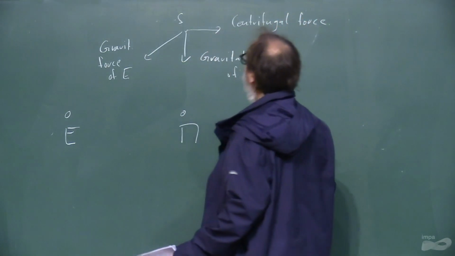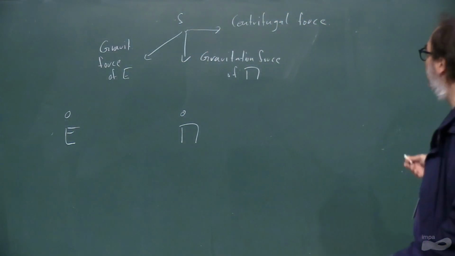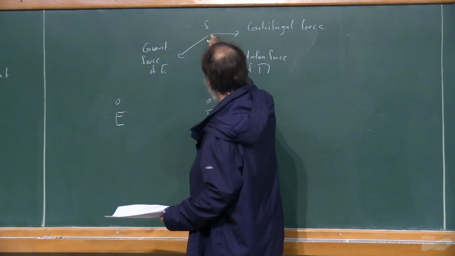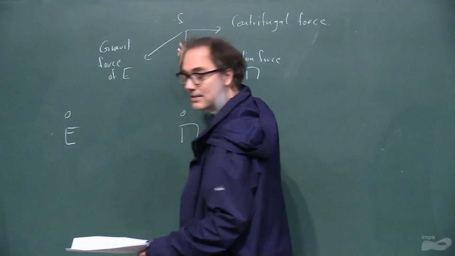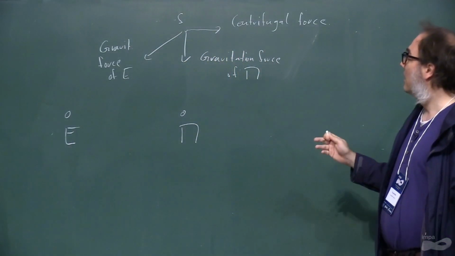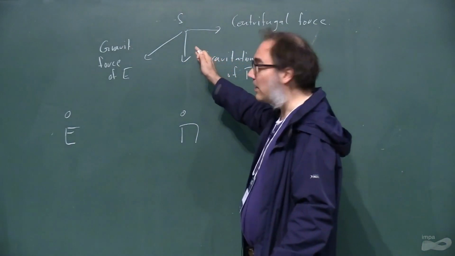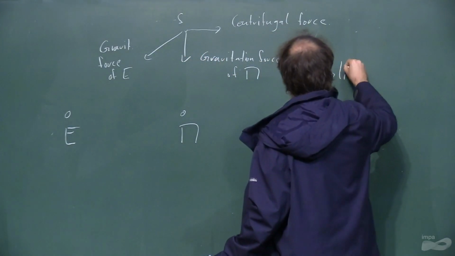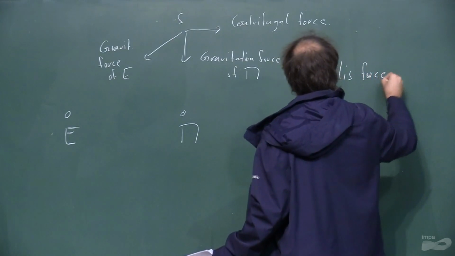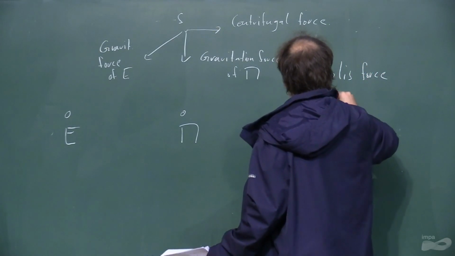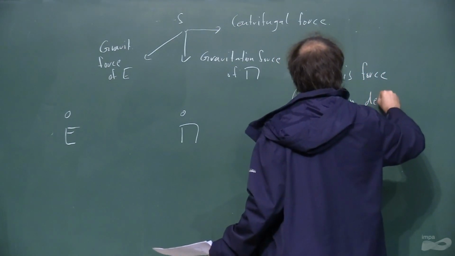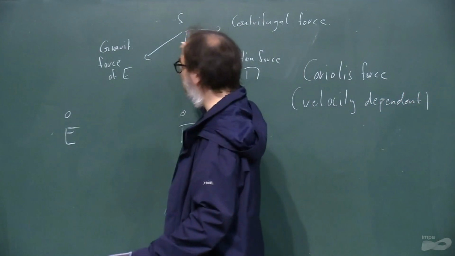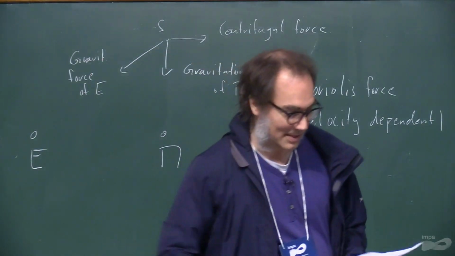And there will actually be a fourth force, the Coriolis force. At the beginning we don't have it yet, but if the stone starts moving, the Coriolis force is velocity dependent. So also in rotating coordinates, it's not so clear what's going on because there are these four forces.